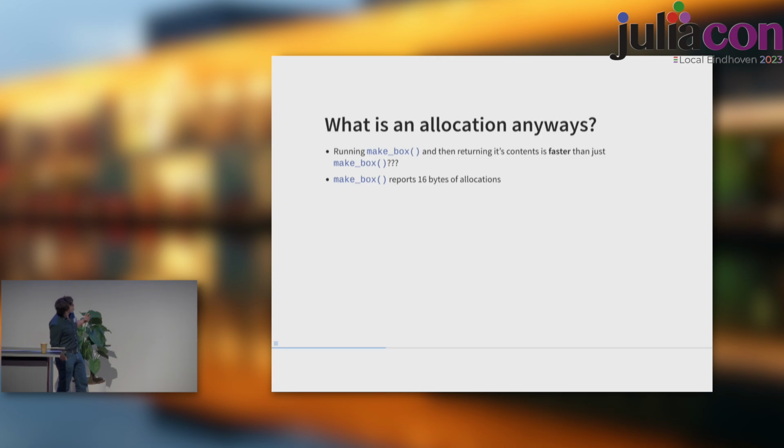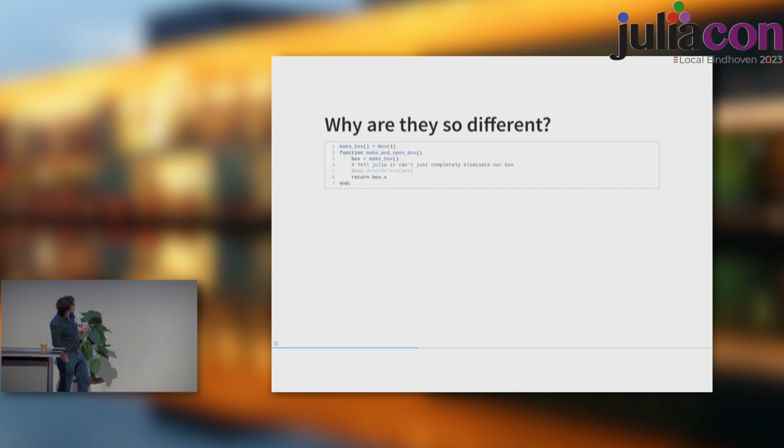Why is making a box and opening it faster than making a box? And why doesn't it allocate? If we look back at these two functions, the main difference is that in this definition, makeBox, you're just creating this box and pushing it out into the world. Whoever calls this thing is now the owner of that data, and it's up to them how long this thing lives.